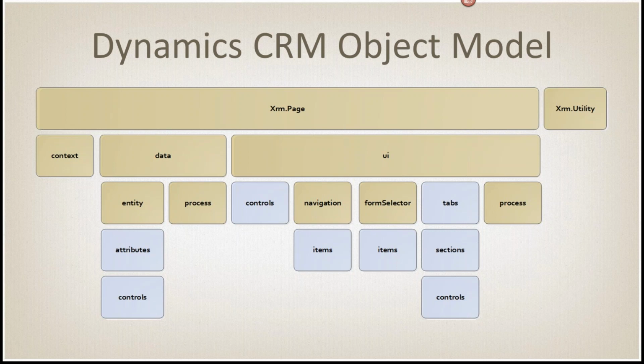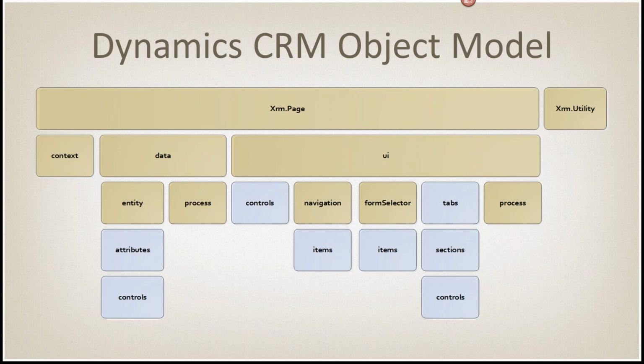We have a data thing that we can get to that shows us the entity or the processes. We have the UI elements, which are the actual form elements themselves. It could be controls, navigation elements, the form selector, tabs, sections, processes, things like that. And then finally, we have a utility class that does things like show us forms and show alerts and things like that. So these are the general objects that make up the object model.